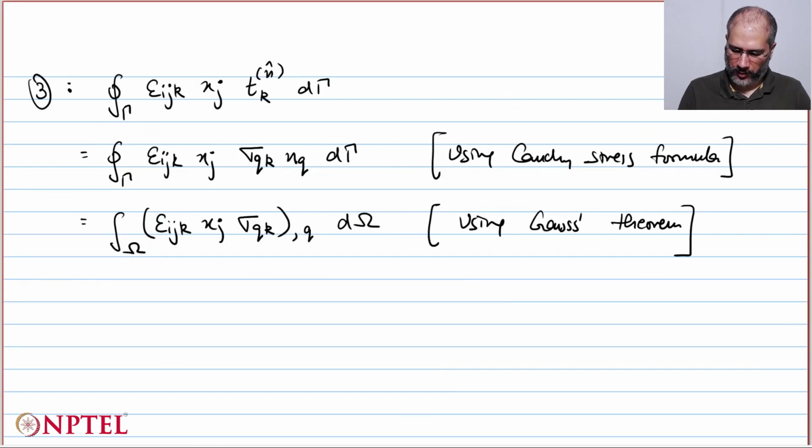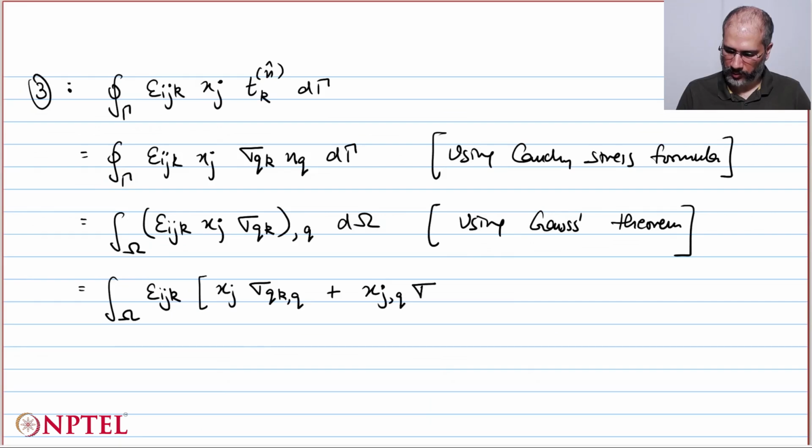Now again, epsilon is a constant, so this can be taken out, and then we have a derivative, so we can apply the product rule. So this becomes xj sigma qk comma q plus xj comma q times sigma qk times d omega. Now this xj comma q is a delta jq.